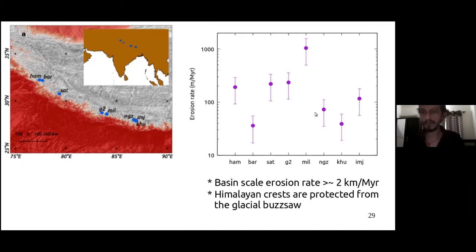And another important point here is the basin scale, large scale erosion rate measurements, whatever is available from the lower parts of the Himalaya, looking at fluvial sediments and things like that. And those were much larger, about at least 2 kilometers per million year, or maybe more. Okay, so that is immediately telling us that the crests of the Himalaya, which is the topmost part, is eroding at a much slower rate.